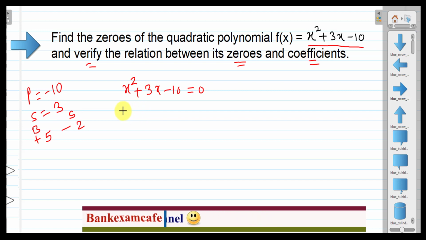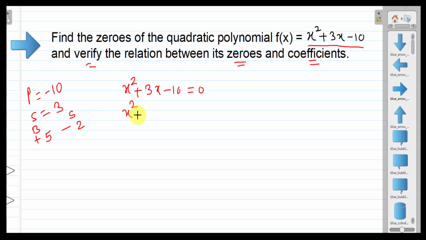And therefore we split it as x square plus 5x minus 2x minus 10, which is equal to 0. Now from these two terms we can take out x as a common factor. So inside the bracket it will be x plus 5.